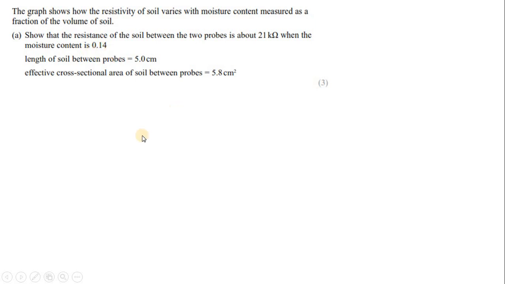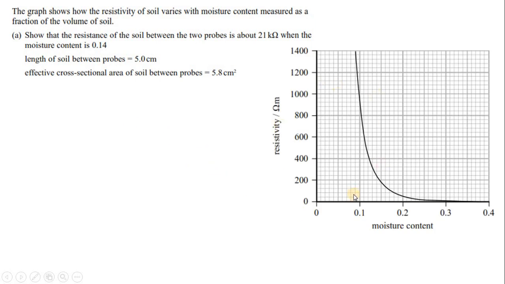So we need the graph that was given in a previous slide, and this is the graph. Now if you see, the moisture content is 0.14, which is on x-axis. So as per the scale, this is 0.11, 12, 13 and 14. Now you can find the respective value of resistivity here, and this is 240 ohm meter.